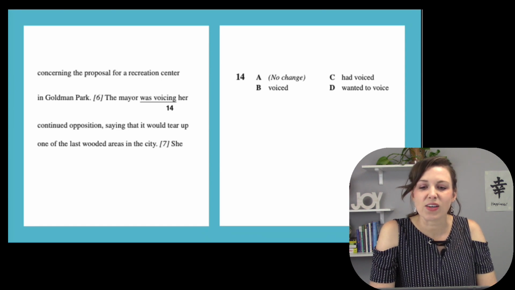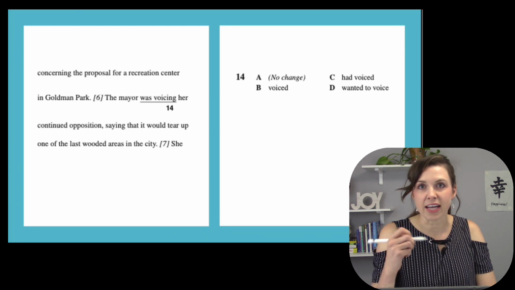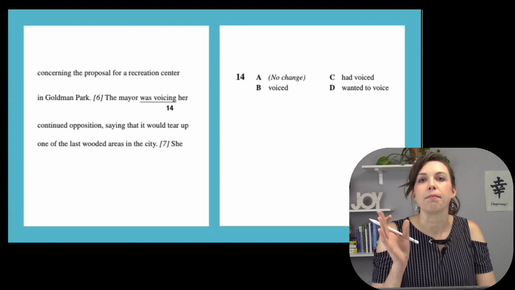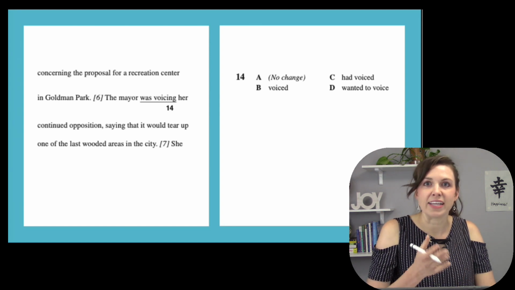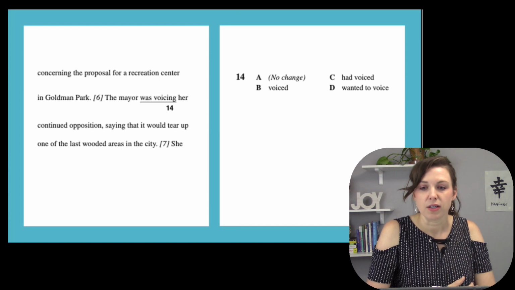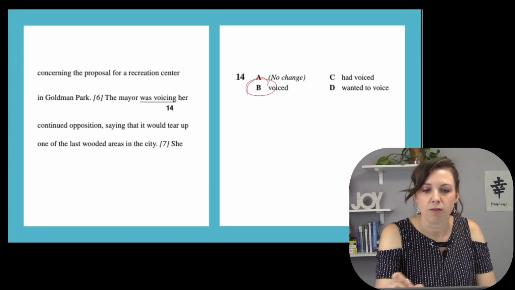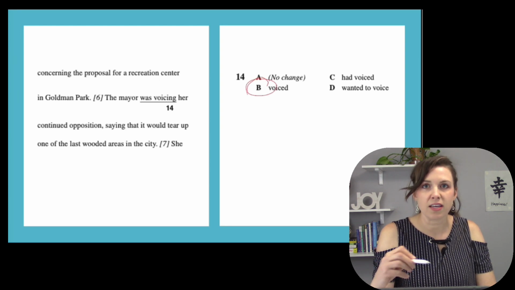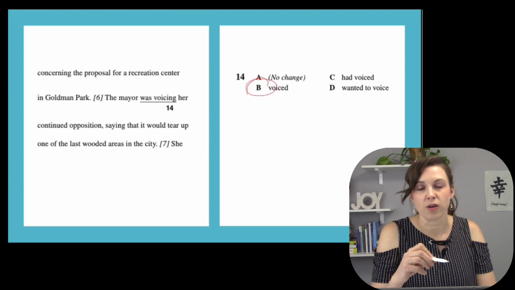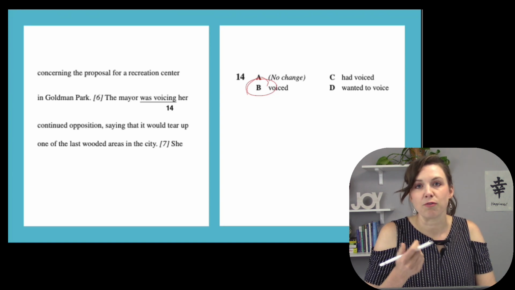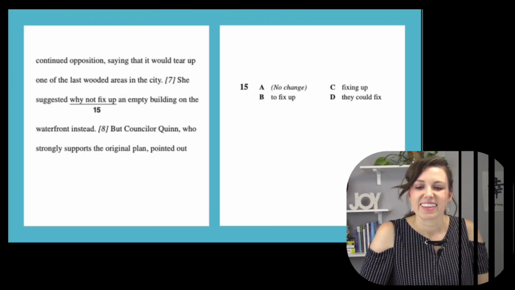If you take a look at the rest of the essay, you'll notice it's in past tense, because the blogger is writing the article as if the event had already happened. So the answer is simply here, voiced. And you could honestly go up and look in the sentence prior to this one that's not shown on the screen, and that would maybe give you a clue to use just a simple past tense.